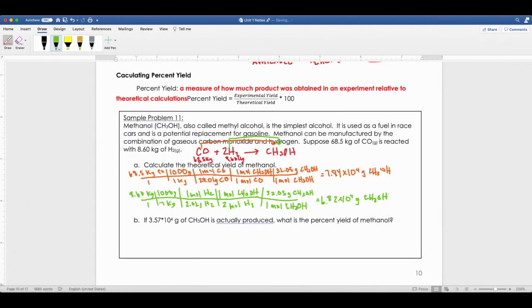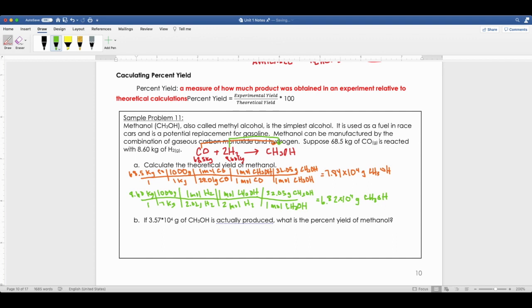All right, so there are my 2 answers for each of those mass problems. I actually left mine in grams only because this next problem is in grams as well. So which one is the limiting reagent? It does say calculate the theoretical yield. Your theoretical yield is whatever produces less, because of course that's from the limiting reagent.